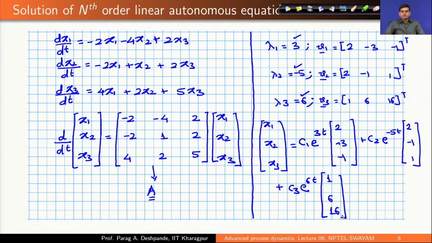Now, what I do not know yet is the multiplicative constants C1, C2 and C3, but those are not very difficult to determine. For that, I will need the initial conditions.